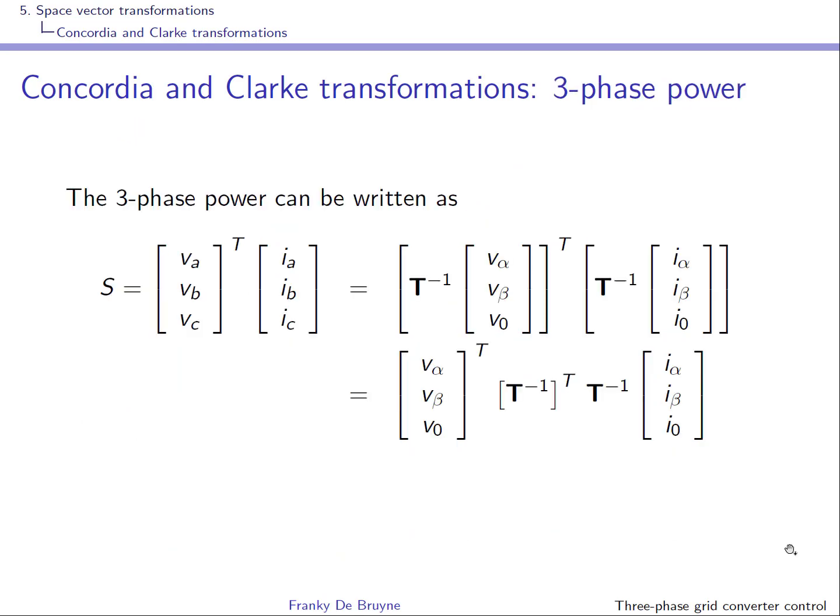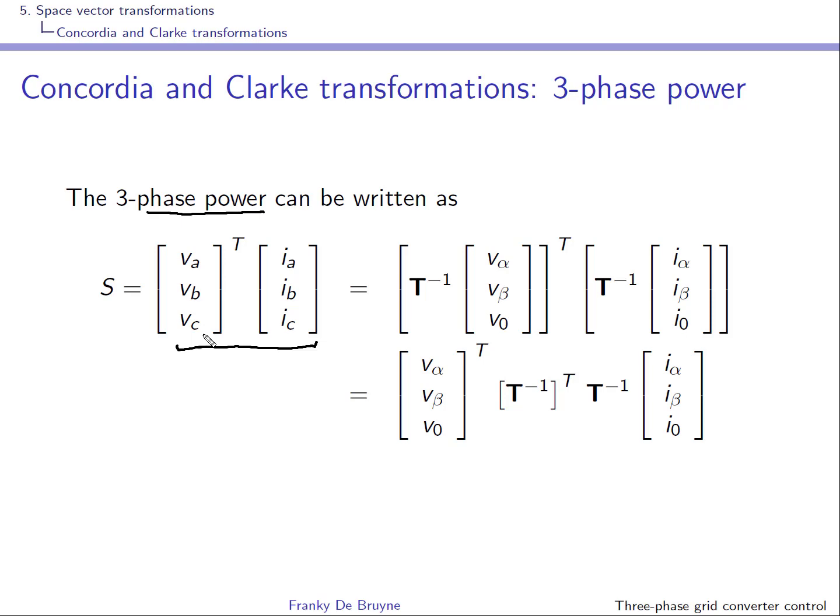What we'll do here is compare the three-phase power and the power that you have after transformation. You know that the three-phase power is the product of voltage and current element by element, and then you sum them, and one way of writing this is as a scalar product.